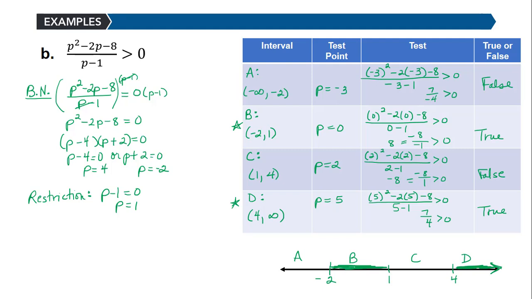But also, we can never include our restriction of 1. Therefore, we have parentheses on all of these endpoints. And so our solution set in interval notation is negative 2 to 1 in parentheses, union parentheses 4 to infinity.